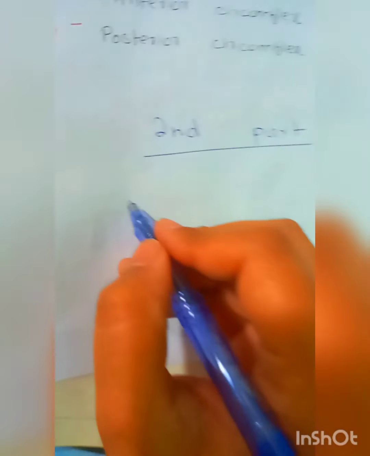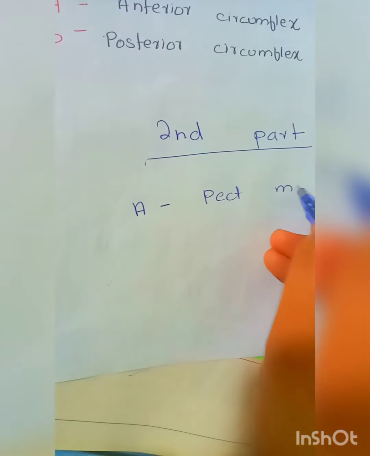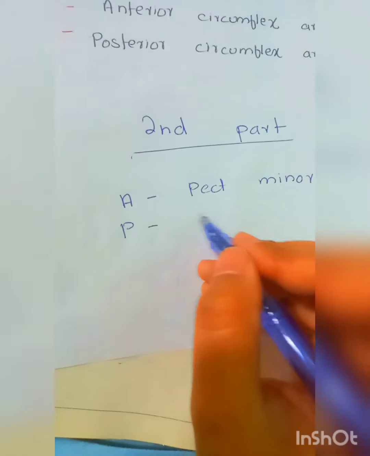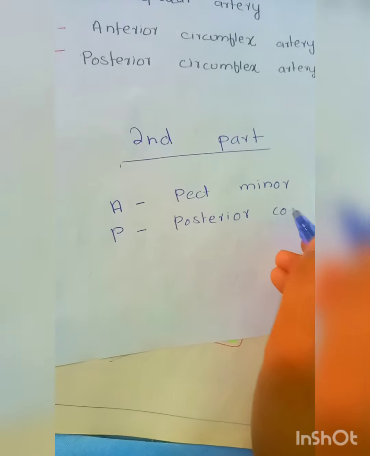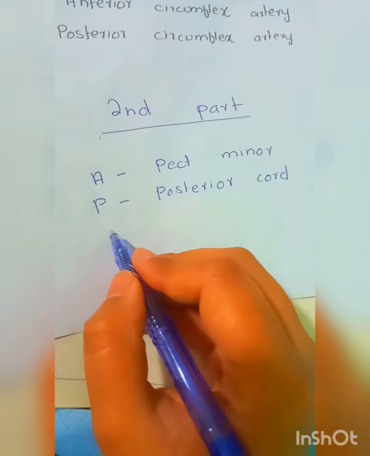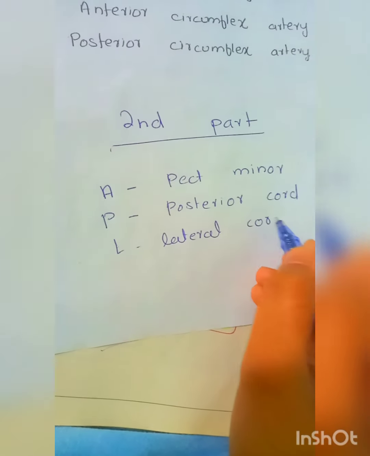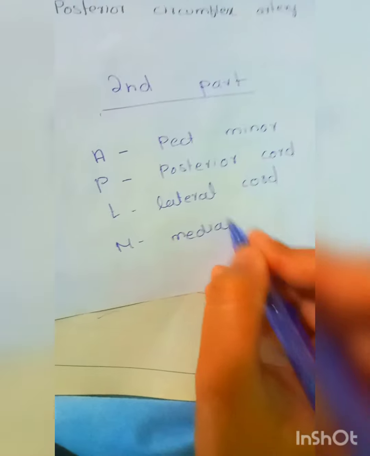Now the second part of the axillary artery: anteriorly the pectoralis minor muscle, posteriorly the posterior cord, laterally the lateral cord of the brachial plexus, and medially the medial cord of the brachial plexus.